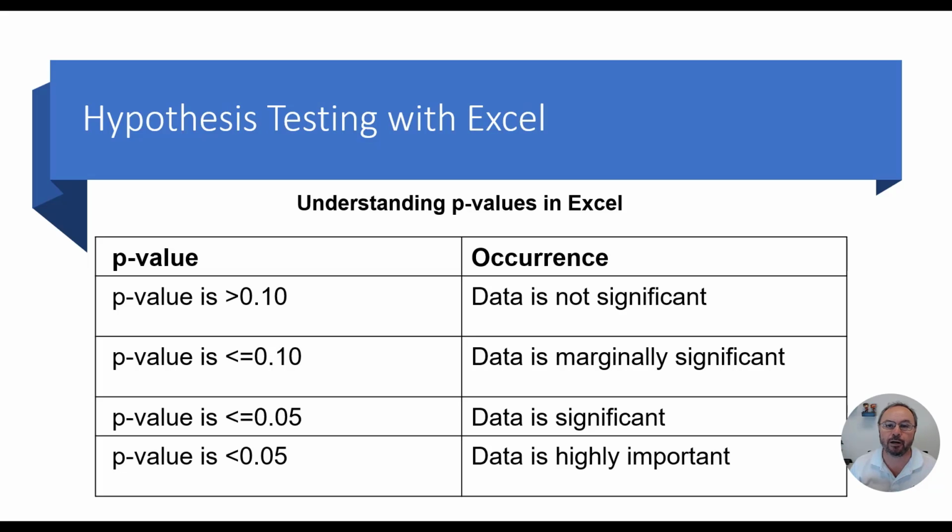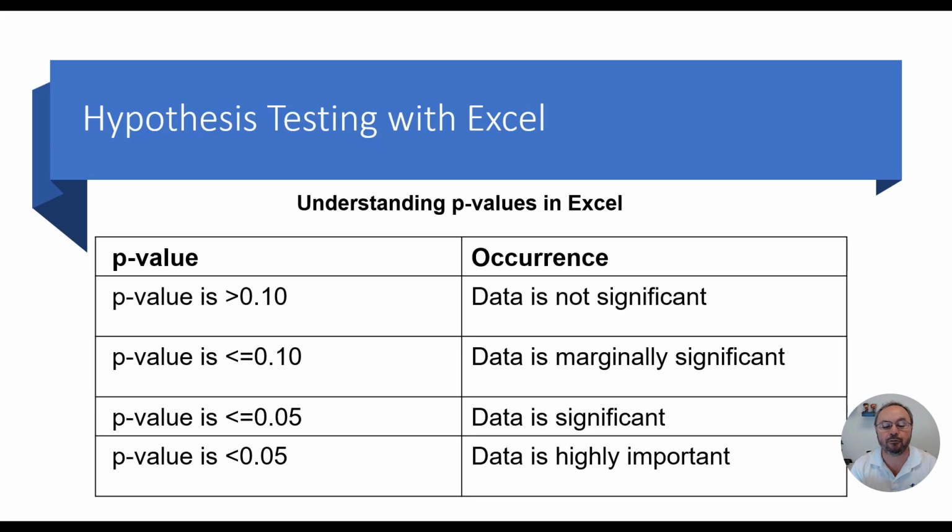When we look at p-values in Excel, this is something we do need to know for the exam: if we get a p-value, we need to look at it and be able to determine on the exam, is it significant, is it marginally significant, or is it highly significant? Now, when we consider the p-value of, let's say, the third one down, 0.05, that would be considered significant.